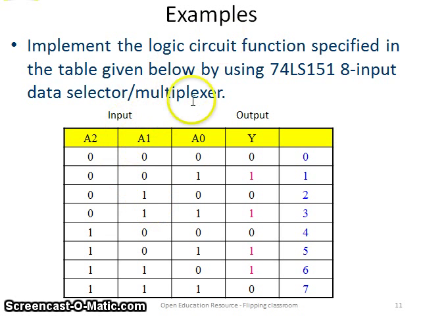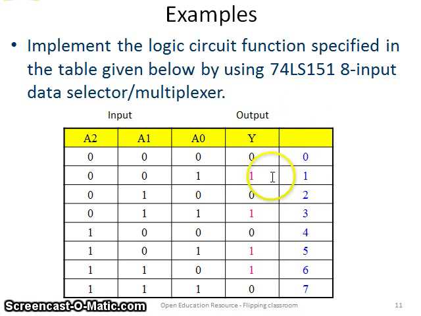Look at some examples of implementing a logic circuit using appropriate multiplexers. In the truth table, you have three inputs A0, A1, A2 and the output Y. Let us number the combinations 0, 1, 2, 3, 4, 5, 6, 7. Look at those patterns where the output is high.